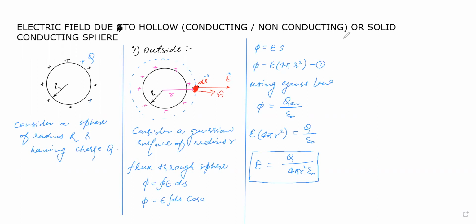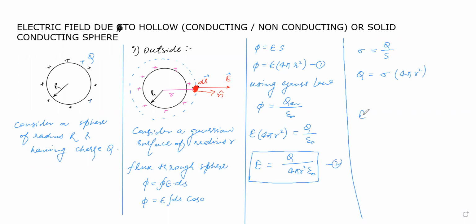In terms of density, we already know that surface charge density sigma is Q over total area. We can also write Q is equal to sigma into S, where S is 4 pi r square. You can put this value in equation number 2.